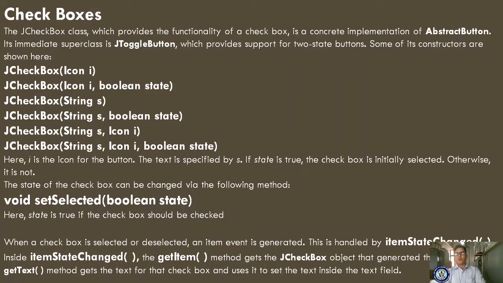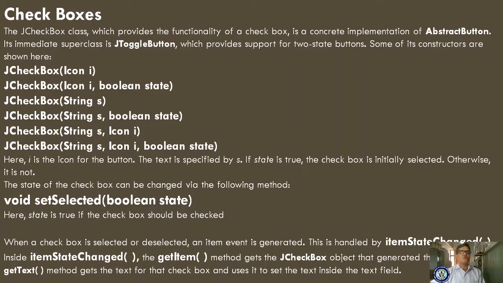If you are writing the code for checkboxes in your Swing program, you are inheriting those concepts from the JCheckBox class. So it is the concrete implementation of AbstractButton, and you are implementing these checkboxes by using AbstractButton.